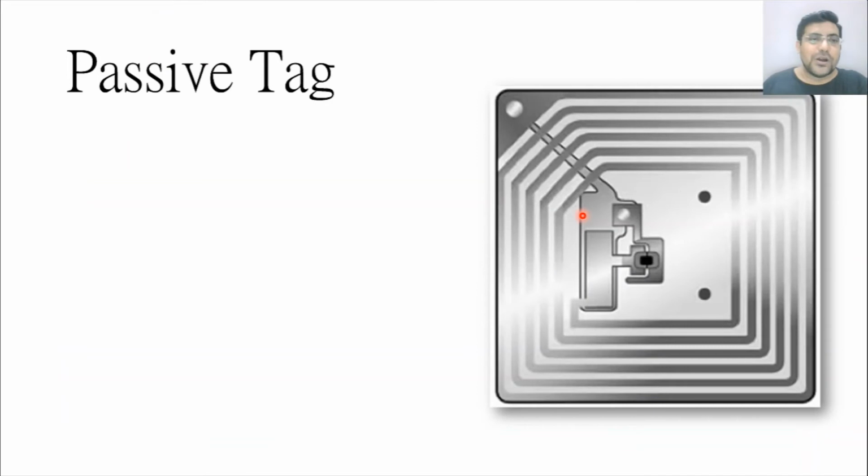Okay, let's move on. Now we are going to discuss different types of RFID tag. There are three types of RFID tag. One is passive, second is active, and then we have semi-passive tag. So let's move on. The most important component of any RFID tag is the chip.